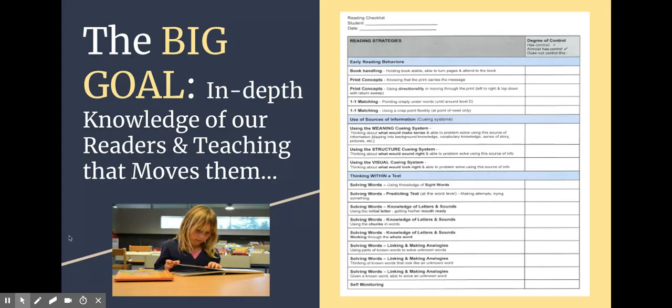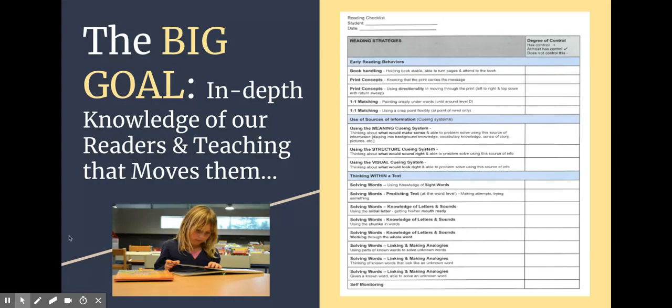In terms of thinking within a text, that's where Stephanie is. Word solving is tough. She uses her knowledge of some sight words. So that's the first one. She does not predict text. In other words, she doesn't make an attempt at something if she doesn't know it.